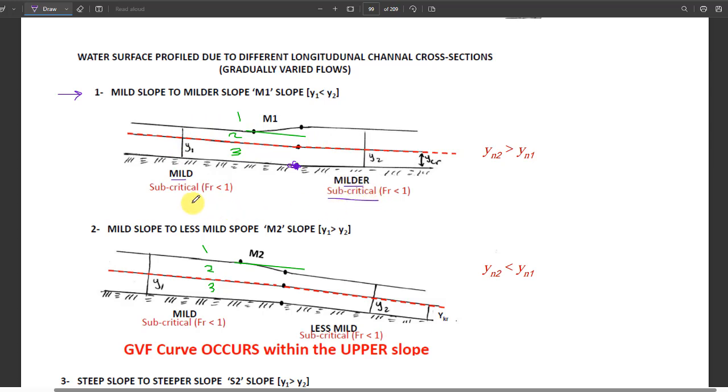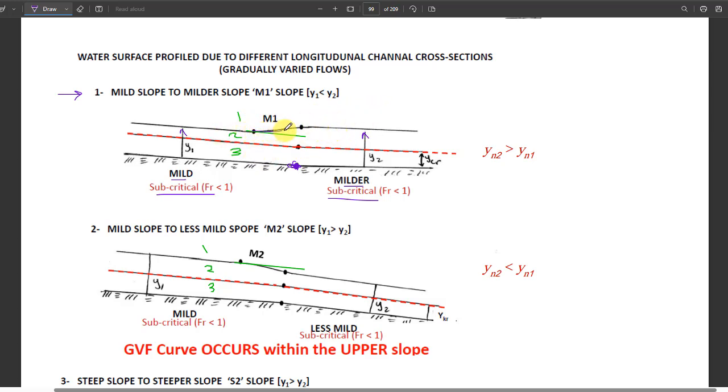Both of them are subcritical flows, but because we are saying milder, the water depth here was something above critical, but after that it was more above the critical, which means y2 is now greater than y1. So the water should go into a deeper depth, a higher depth of water.